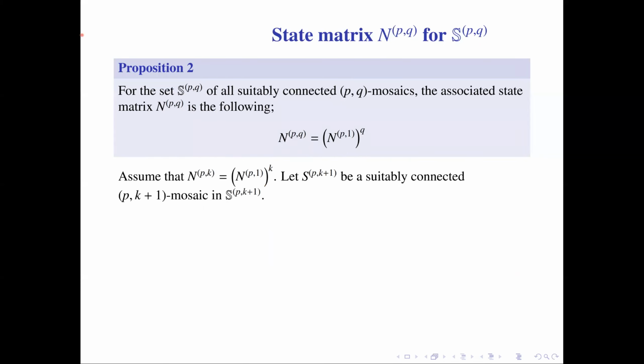First, we assume that this identity holds for Q equal to K. Then let SPK plus 1 be the set of suitably connected P by K plus 1 mosaics.